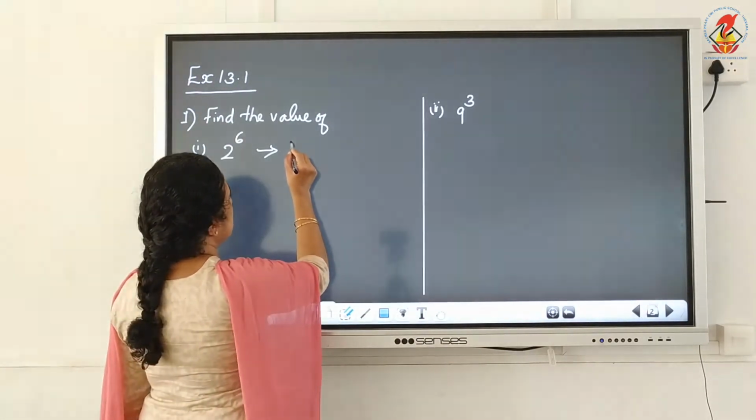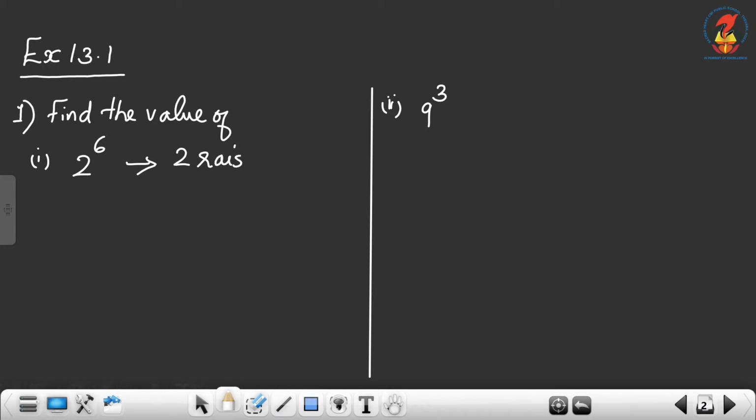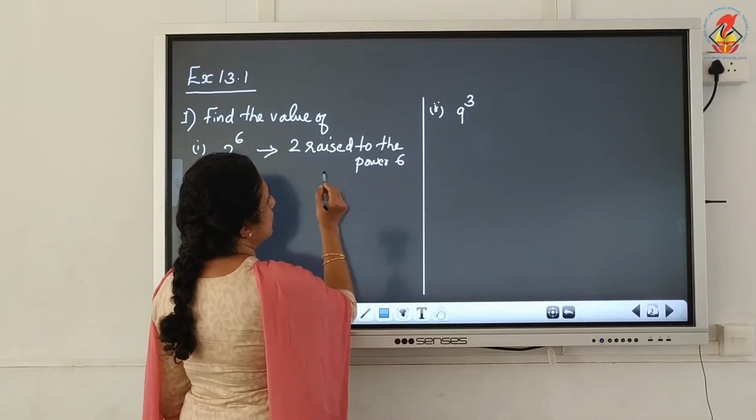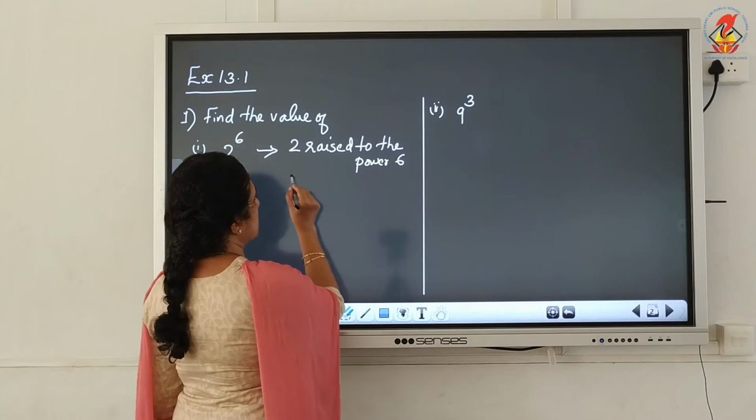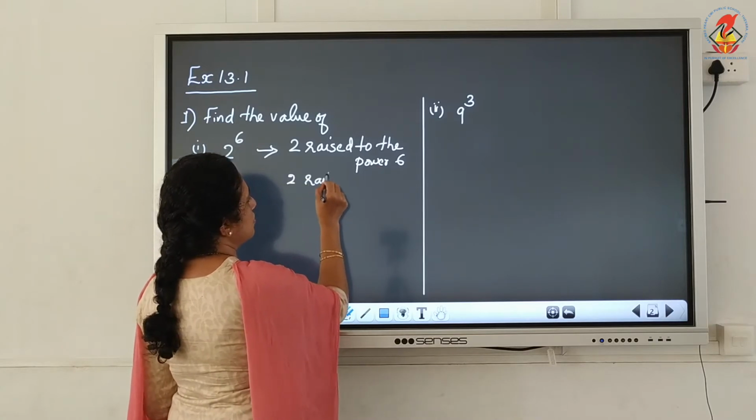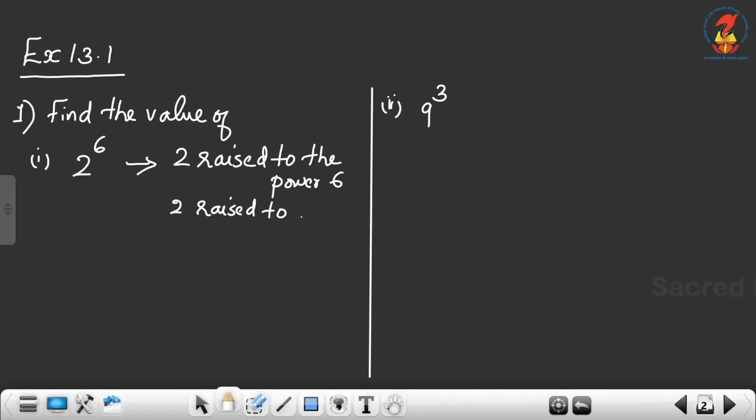We can read it as 2 raised to the power 6, or we can say that 2 raised to the power of 6. That is also possible.